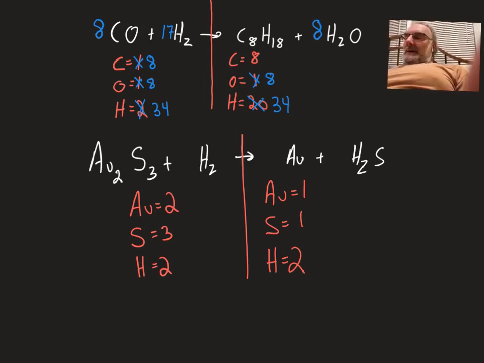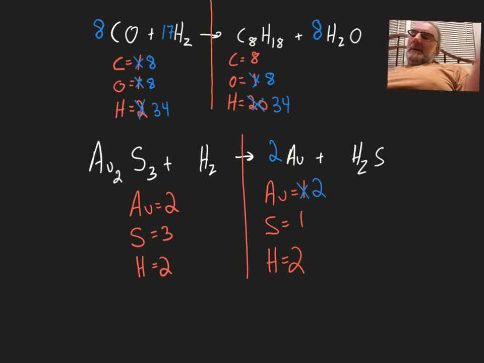The first step here would be to balance the gold. Balancing the gold means I need to come over here to the gold on the product side and change the amount of gold to 2 molecules. So now I have balanced my gold. Then the next step is I need to balance the sulfur.